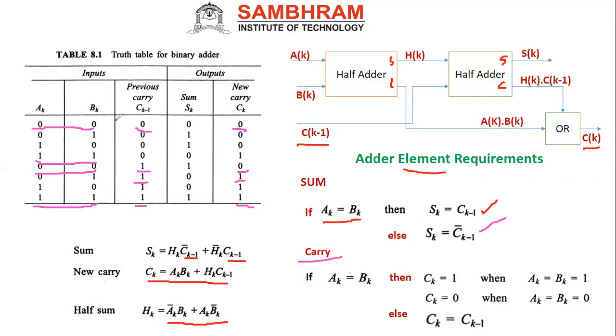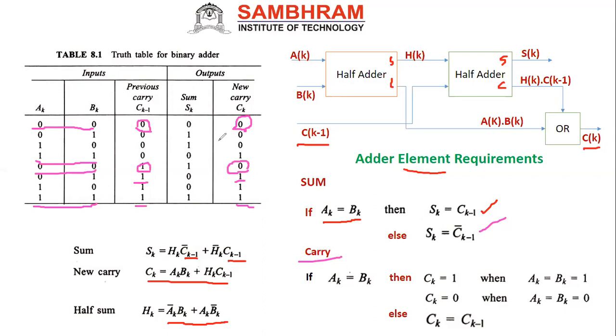What happened now? When AK is equal to BK, then your CK is equal to 0. When the CK is equal to 0, see, this is CK is equal to 0. This is equal to 0. CK equal to 0, then the previous carry also is equal to what happened? 0 is there. Then here 1 is there.